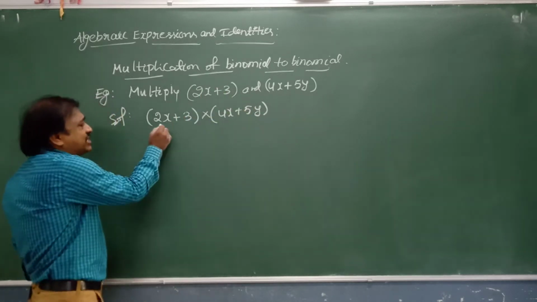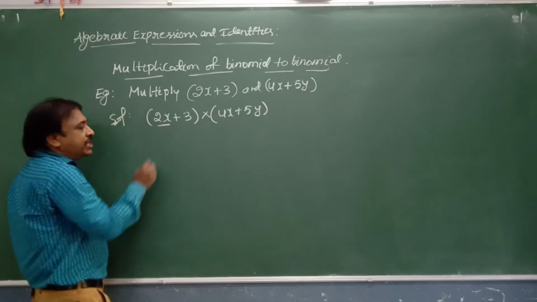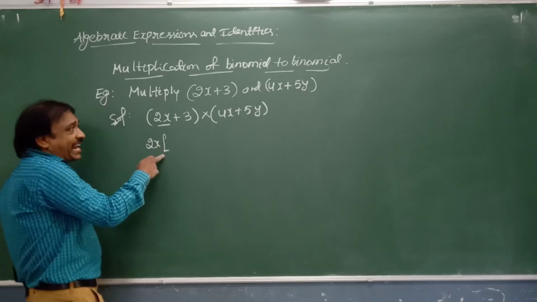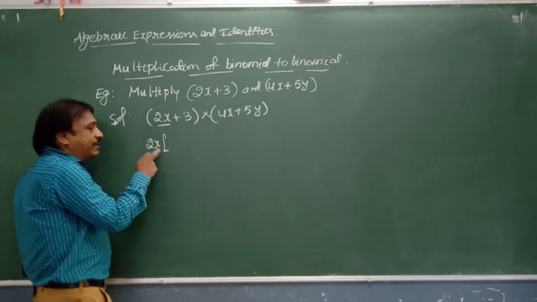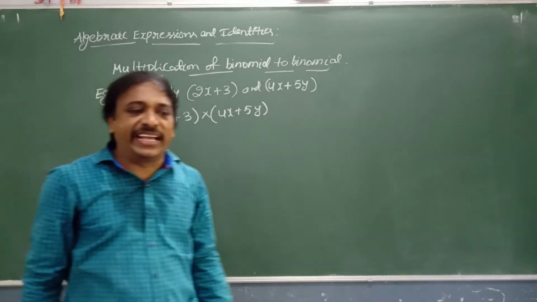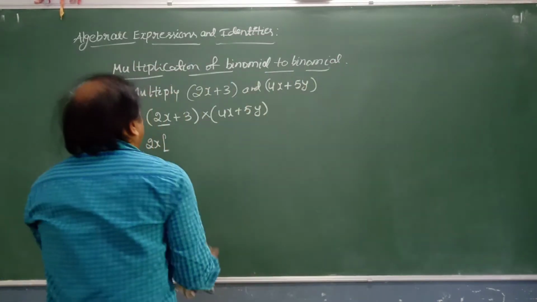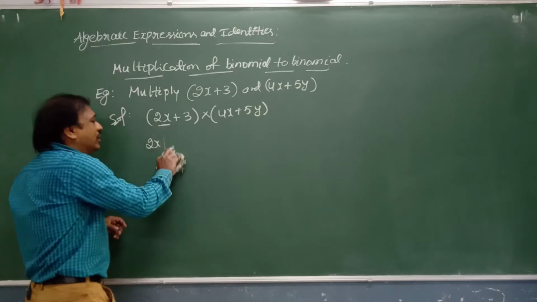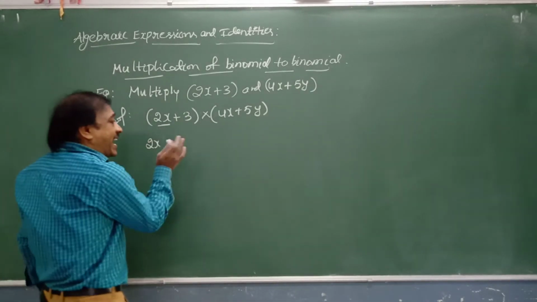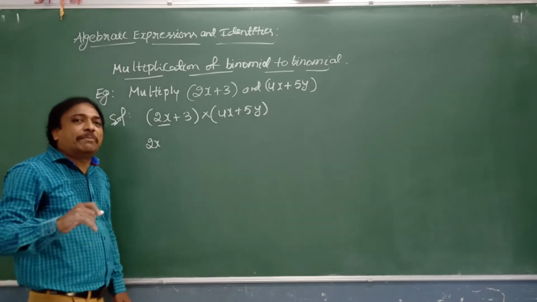Now you see, first what do we have? 2x. So I am taking 2x into, the bracket itself indicates multiplication. For the first question I will write 'into', then after that you have to get used to the bracket itself indicating multiplication.